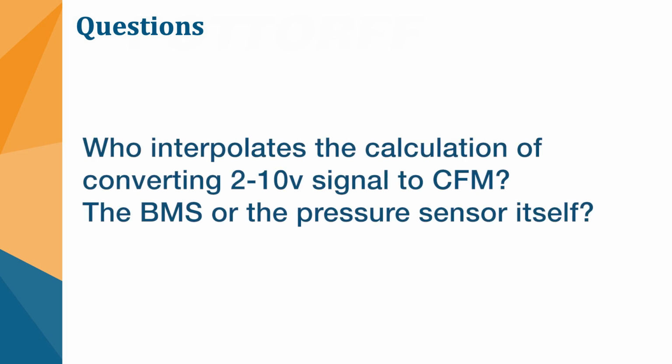Who interpolates the calculation of converting the 2 to 10 volt signal to CFM? The BMS or the pressure sensor itself? So there's a couple of ways to do that. The pressure sensor itself will be able to have a CFM that gets displayed. So whether you're dealing with the air monitor units that have a display, you'll see the CFM on that, and that's calculated locally at the unit.